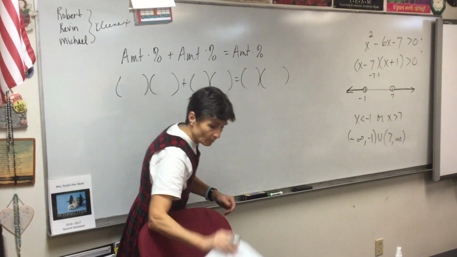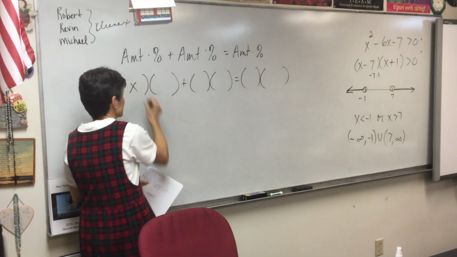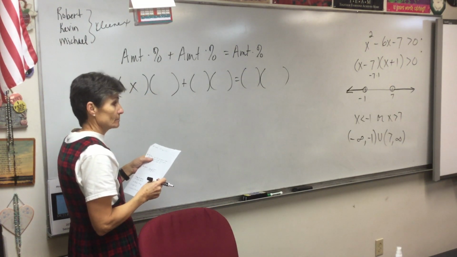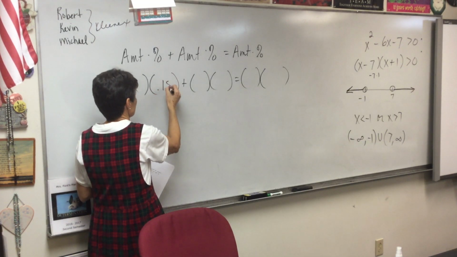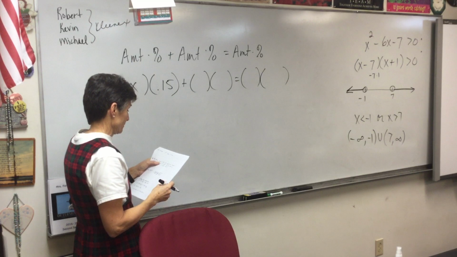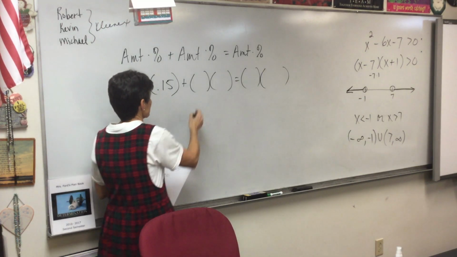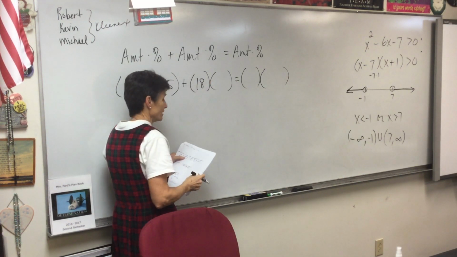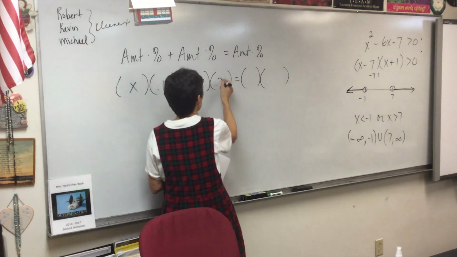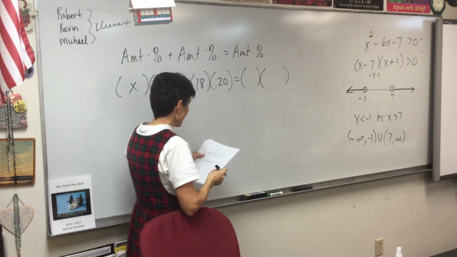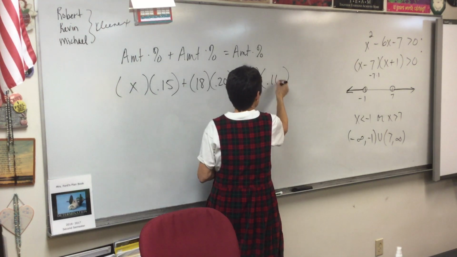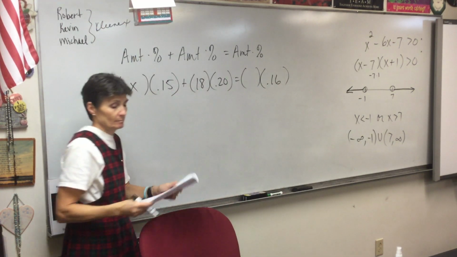Okay, so what do I know? How much, that's X. 15% should be mixed with 18 gallons of 20% to get a mixture that is 16%.